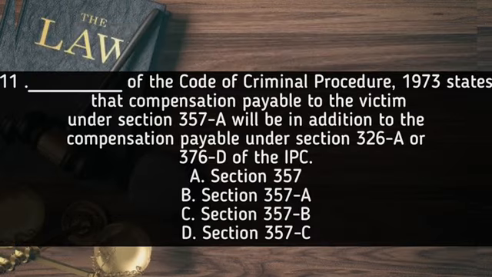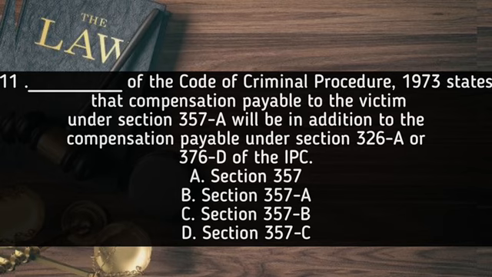Question 11. Dash of the Code of Criminal Procedure 1973 states that compensation payable to the victim under section 357A will be in addition to the compensation payable under section 326A or 376D of the IPC.